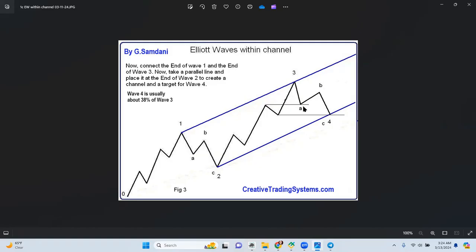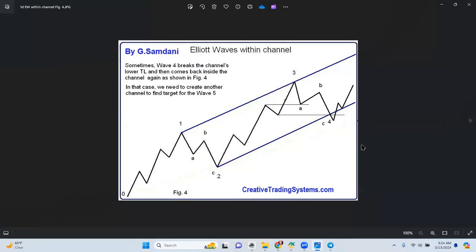I just wanted to stop here and tell you what these are. Now back to this channel, where we have to find the target. When you connect the low of wave 2 and the low of wave 4, once the channel is hit or it stops, usually it goes outside the channel.